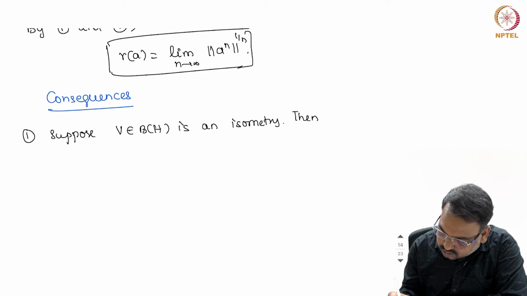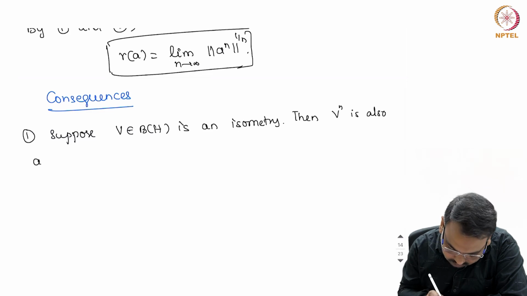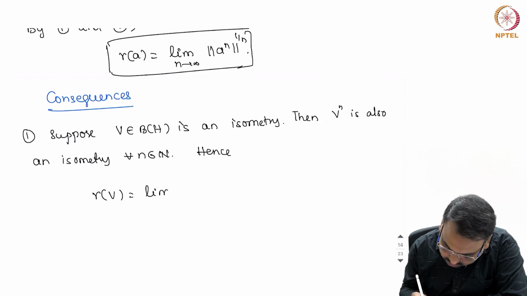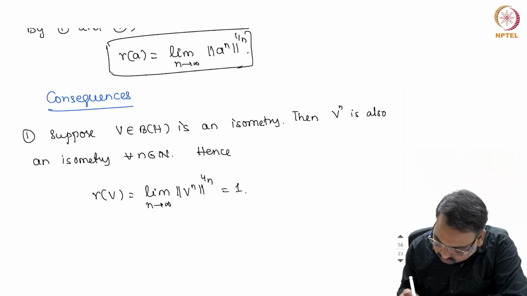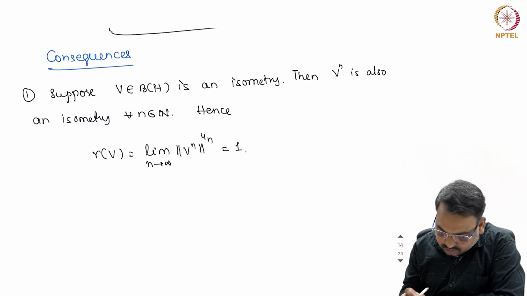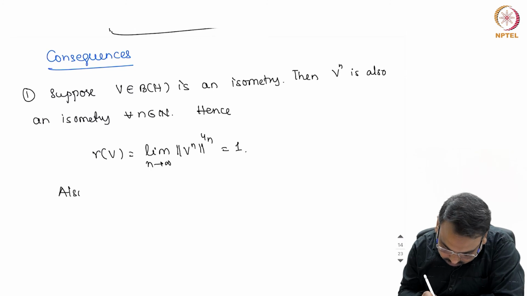Then we know that V^n is also an isometry for every n in N. So hence we can say that the spectral radius of V is the limit as n tends to infinity of norm V^n to the power 1 by n, but that is 1 all the time. We also know that norm of V is always equal to 1.